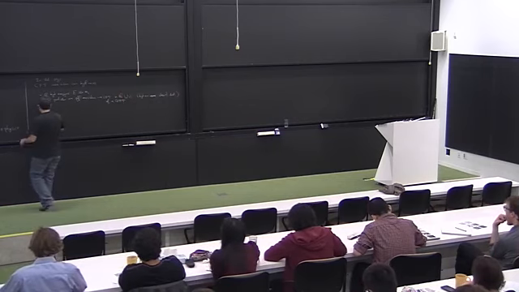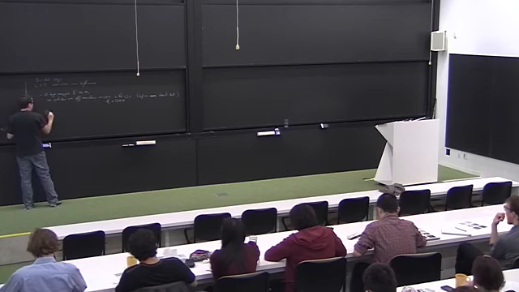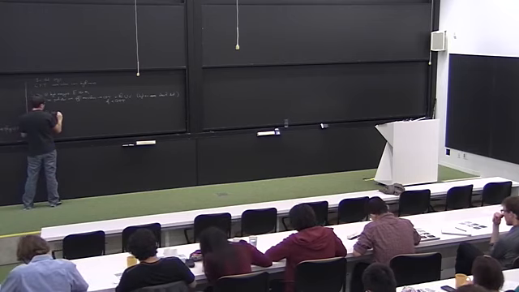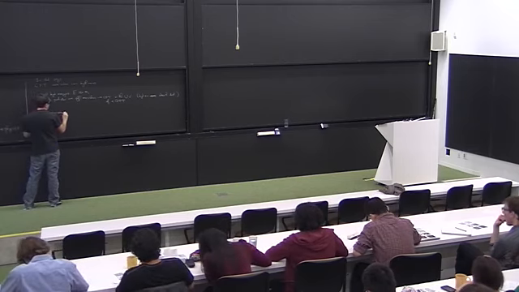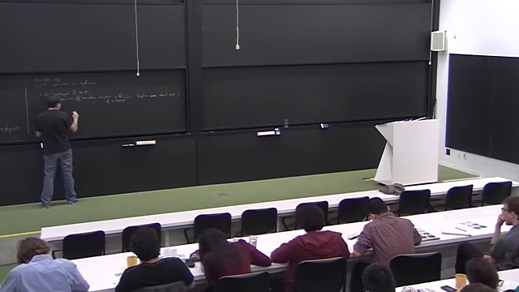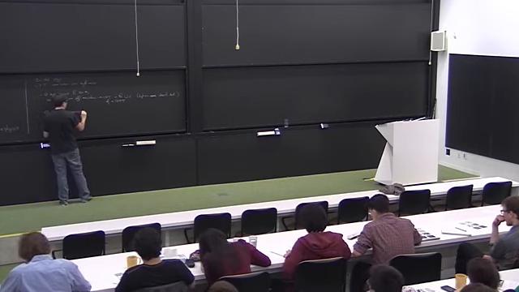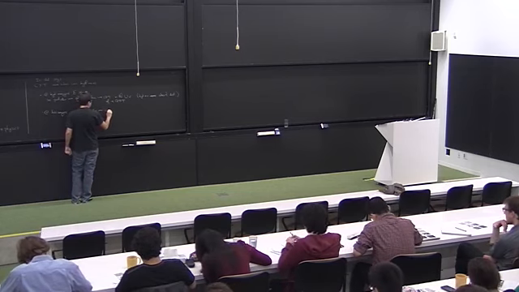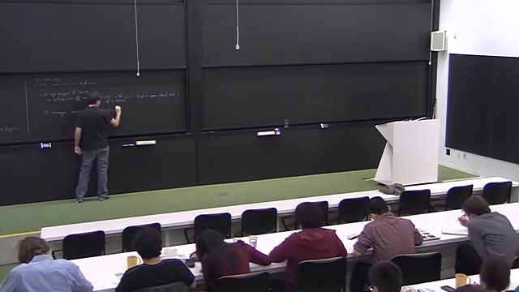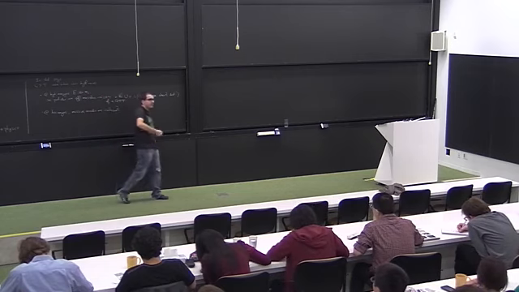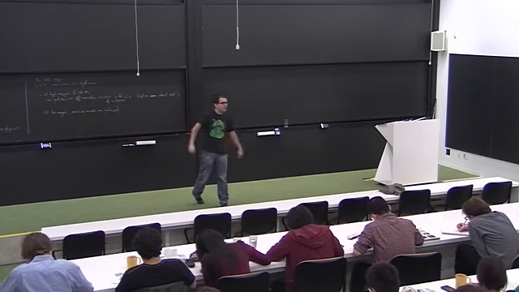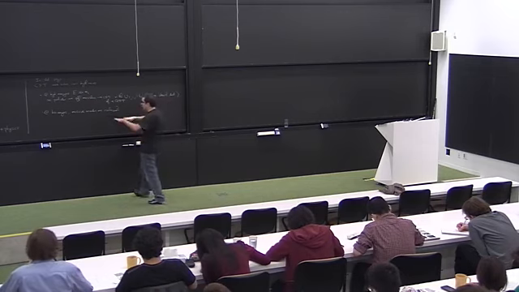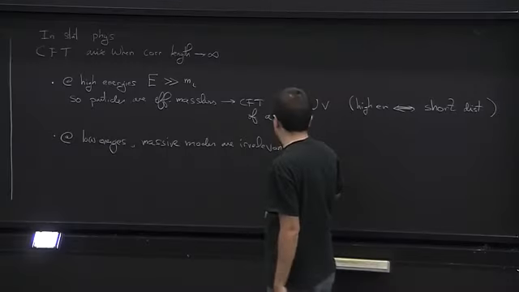Now, at very low energies, the same thing. So at low energies, massive modes are irrelevant because they are massive, so they are not excited. They cost some energy to excite, and we are at very low energies. So the massive modes are not important to describe the low energy dynamics.